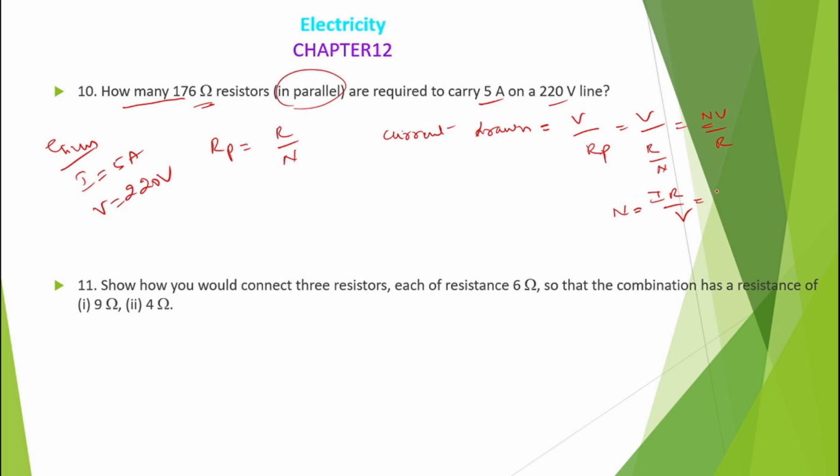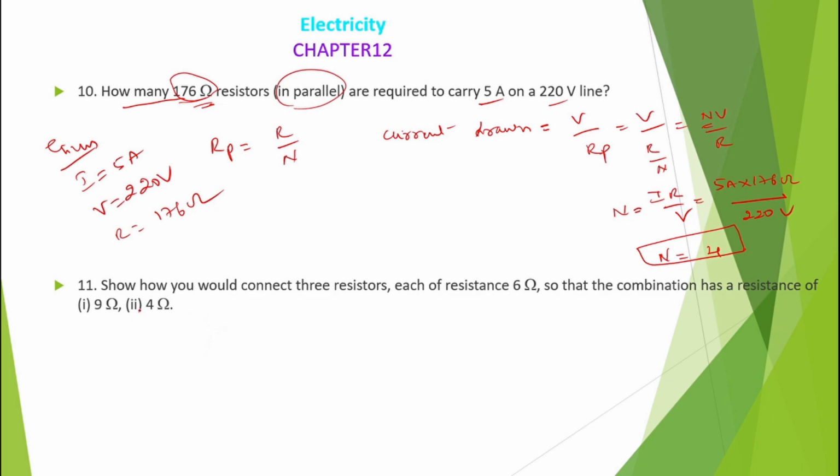Okay, N is equal to I he has given 5 amps into R, 176, so R also he has given 176 ohm, divided by V, which is 220 volt. If you simplify this, N is equal to, you will get 4. So number of resistors connected in parallel is 4. So this is the answer.